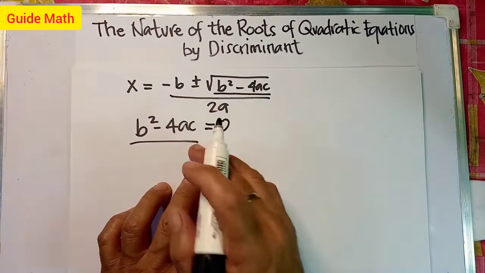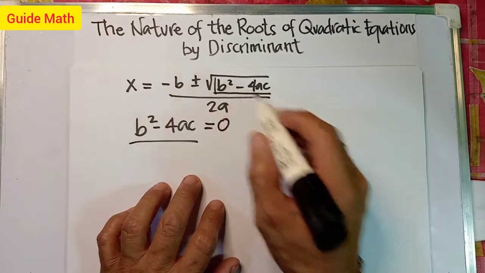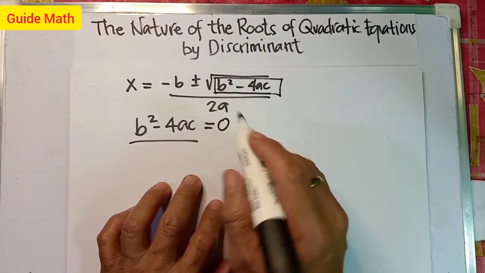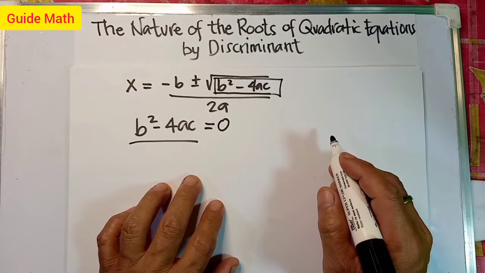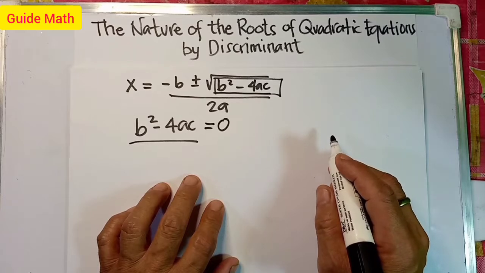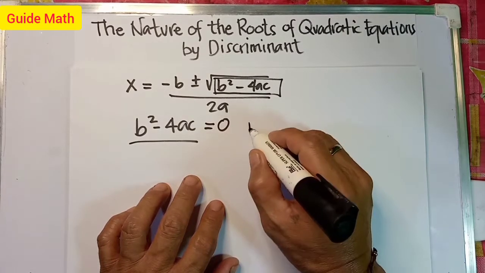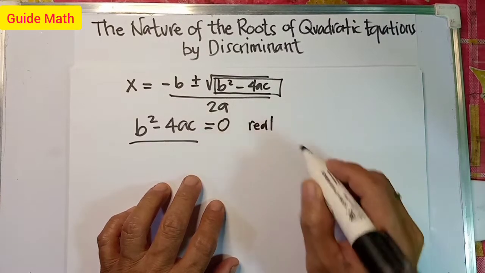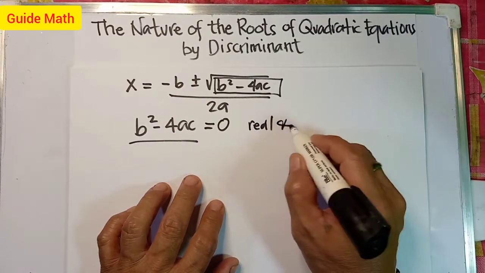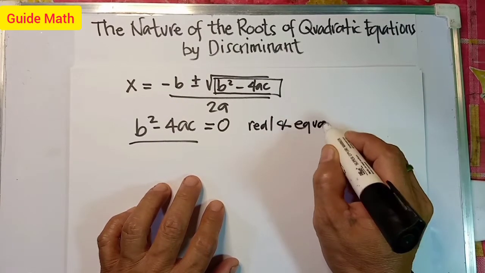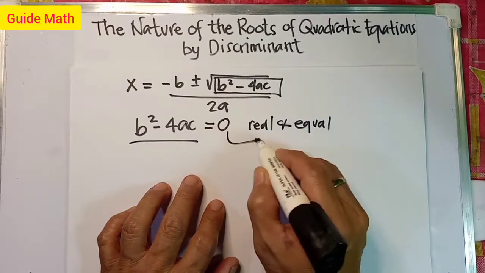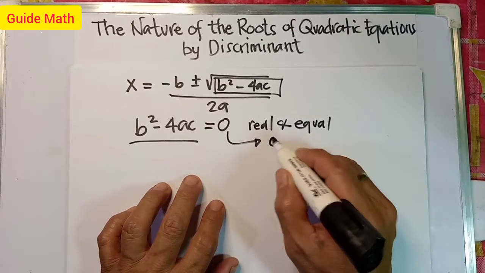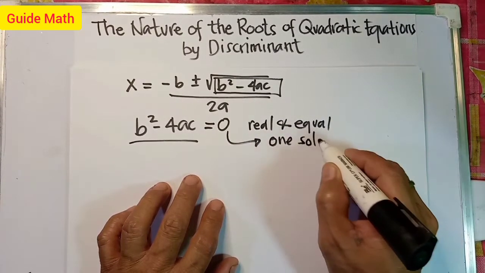Pag sinabi natin, ang result natin b squared minus 4ac ay magiging 0, meaning it has real and equal roots, or pwede natin sabihin na has only one solution.